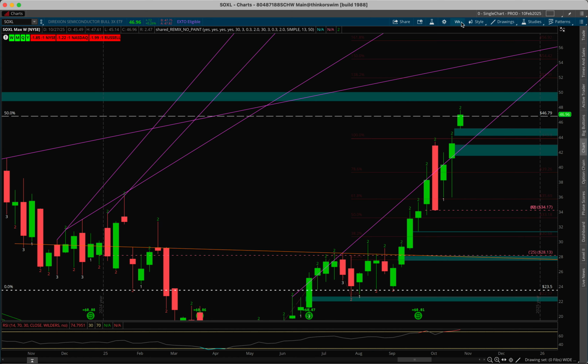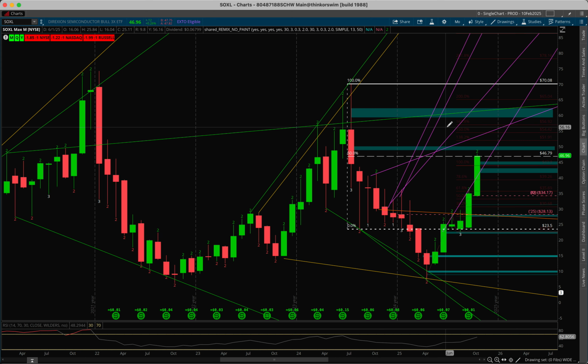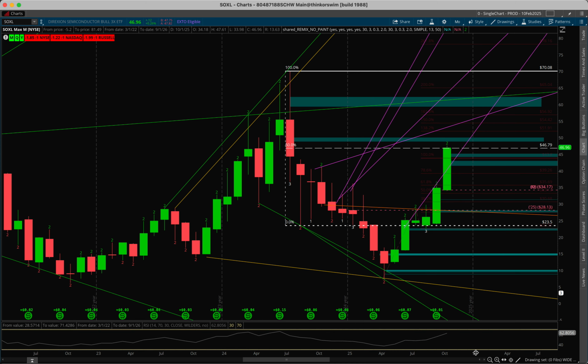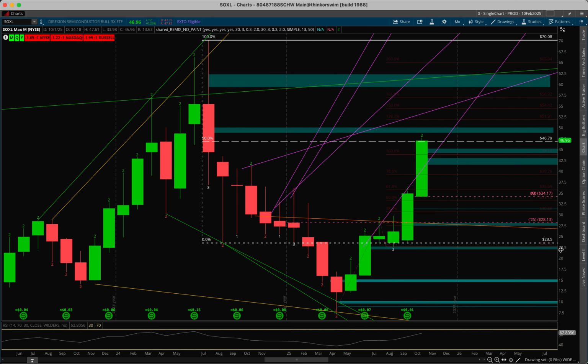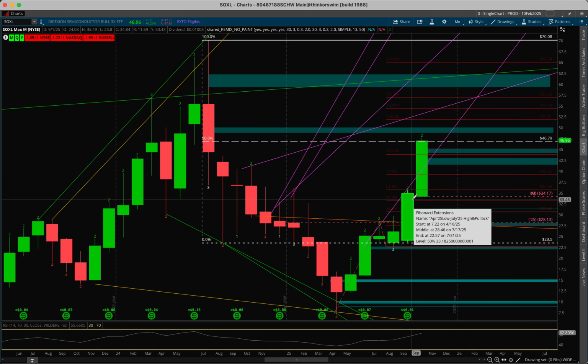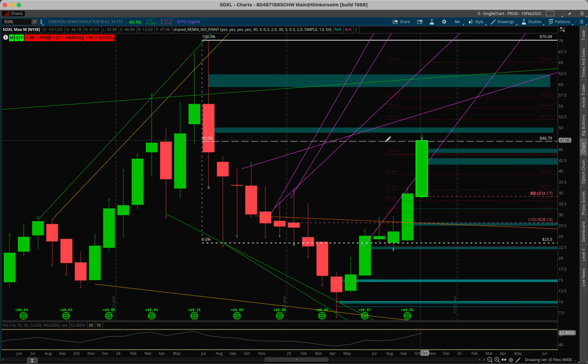Let's go ahead and go to the month. And again, on the month, looking very bullish as well. We're in a two up situation. Nowhere close to being back within last month's price action. Again, that 50% level just keeps coming into play, but we do have this gap right here, so I wouldn't be surprised to see us fill it.